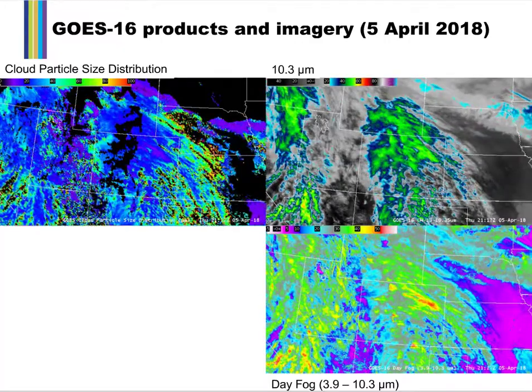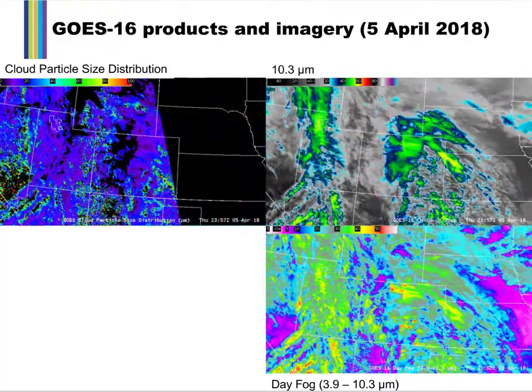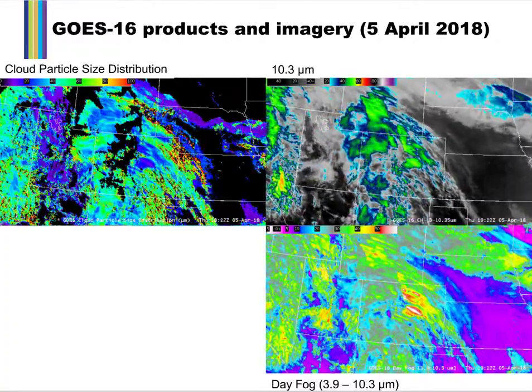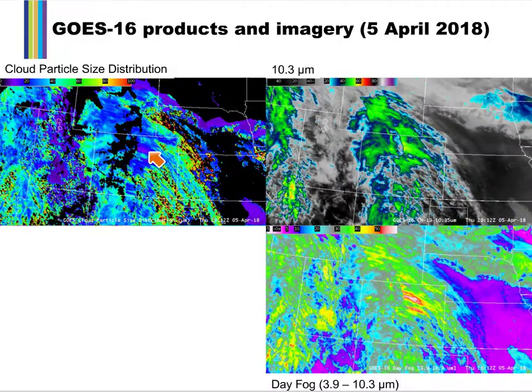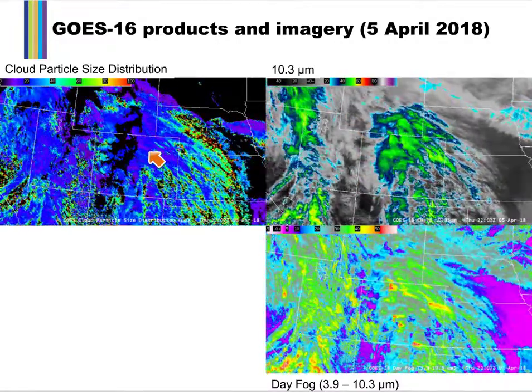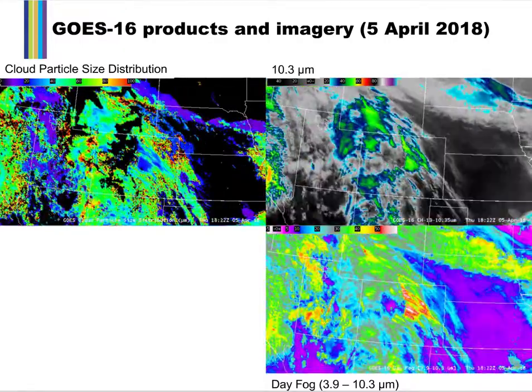Recall that mountain wave clouds are characterized by relatively smaller ice particles. This product isolates the smaller ice particles, which are color enhanced as purples and blues that originate along the front range and appear locked in to the terrain.